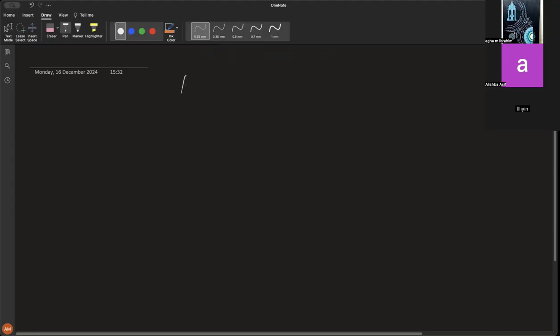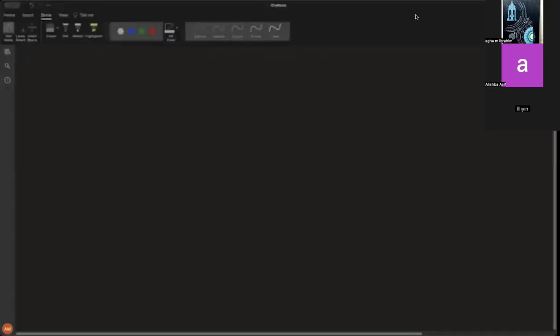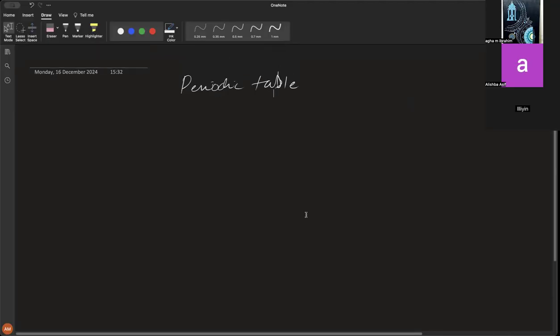All right. So we will start with the periodic table. When you talk about the periodic table, that is unit 8 in your syllabus. So what is the periodic table?